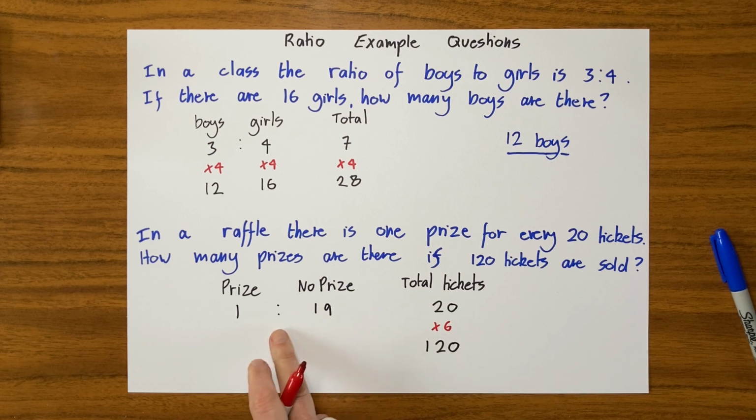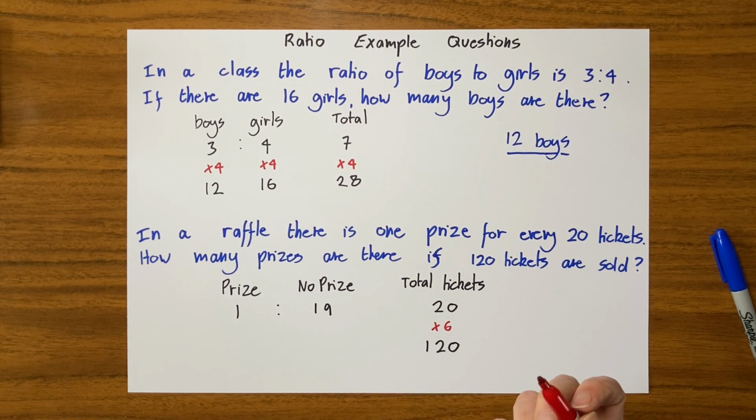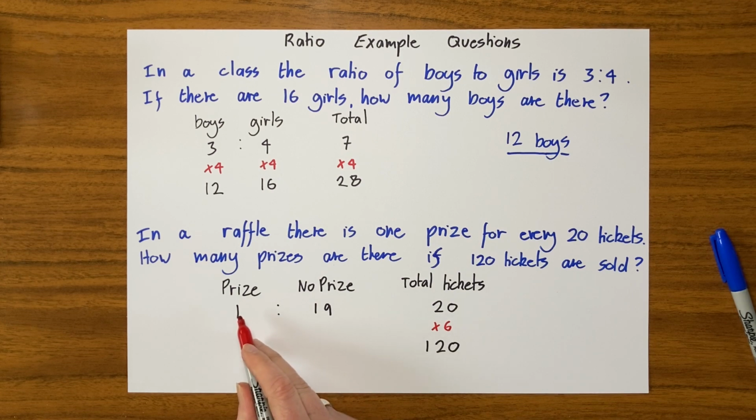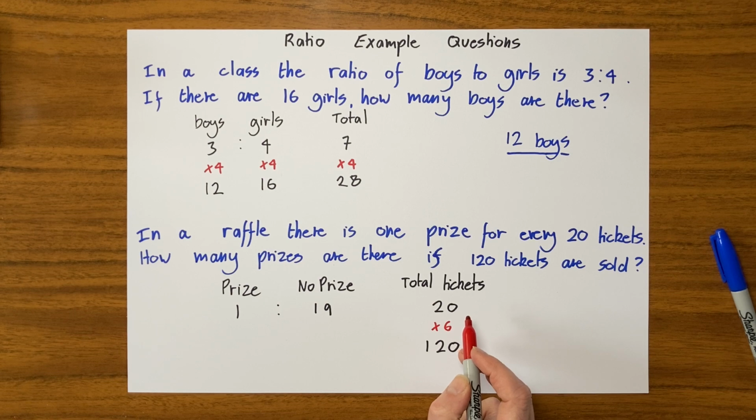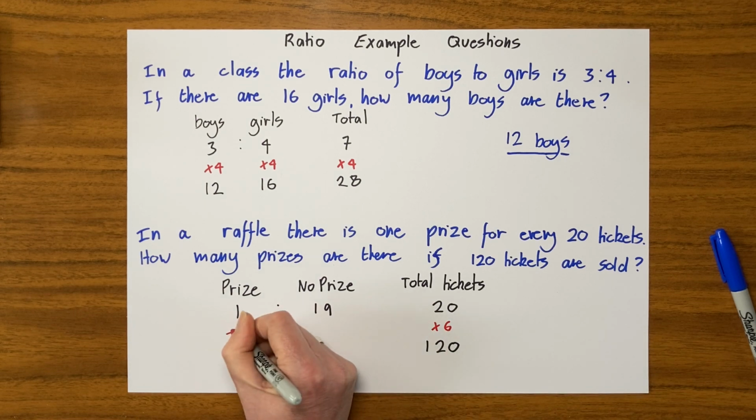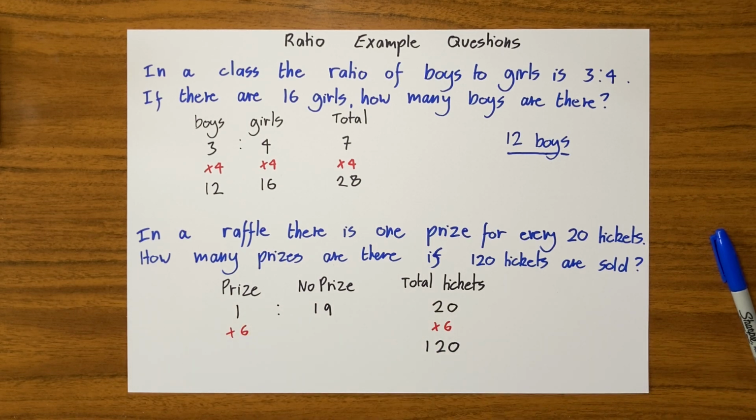So then I need to do that to these columns here, and that will give me what I need to know. So let's start with a nice easy one. So if there is one prize with 20 tickets, I must multiply this by 6. So nice and straightforward. 6 times 1 is 6. Now there's two ways of doing this.